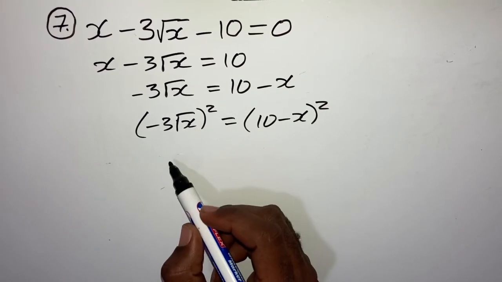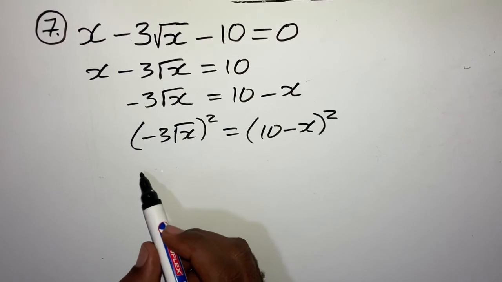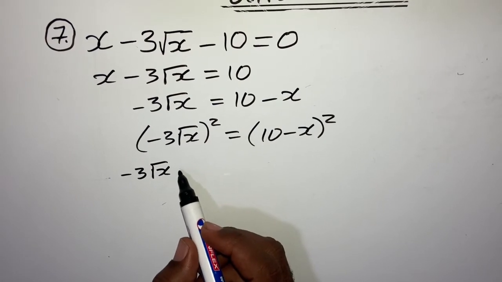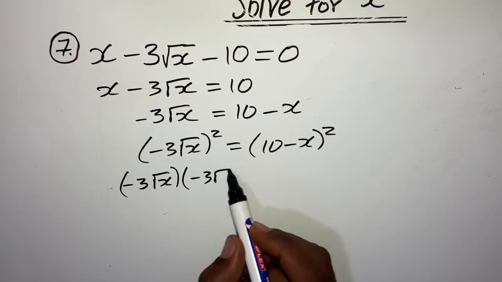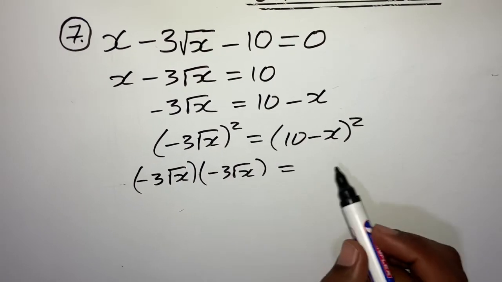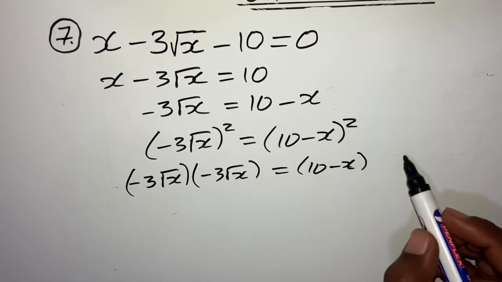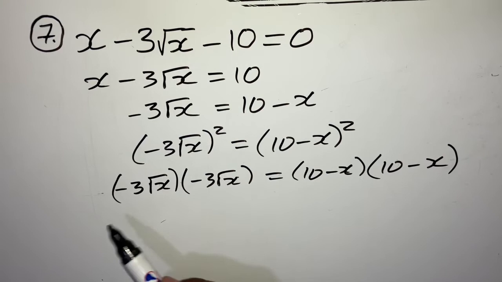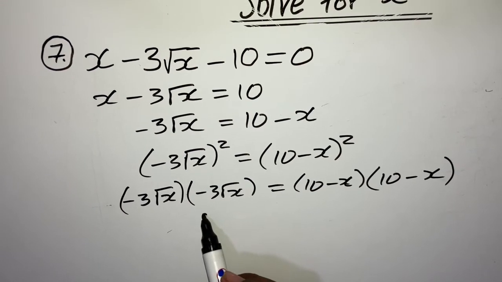Then on this side, we are going to have the same bracket twice, which is negative 3 root of x, same bracket twice, equal to the same bracket twice on this side as well, which is our 10 minus x, 10 minus x.